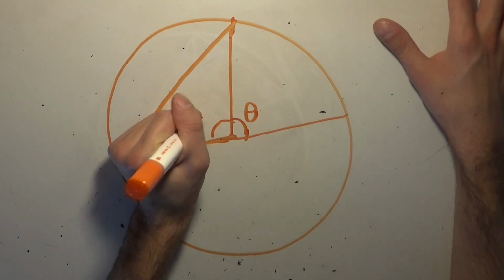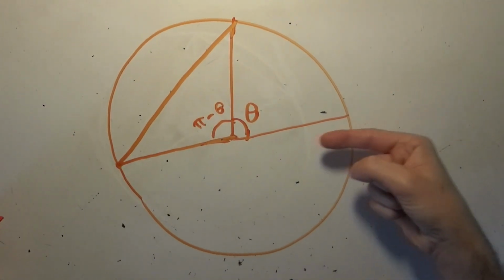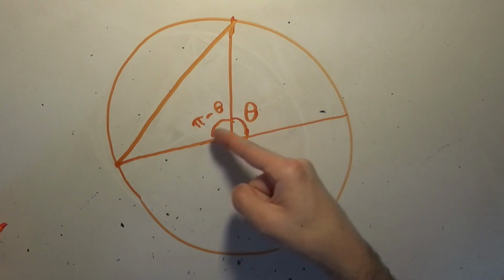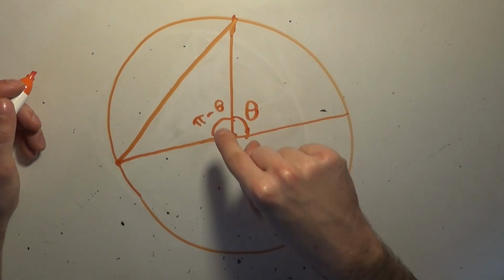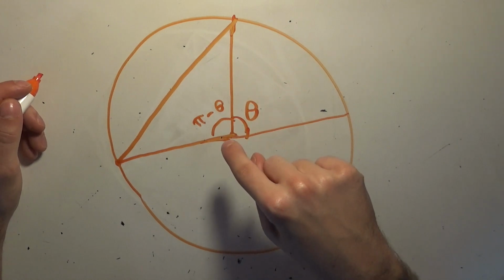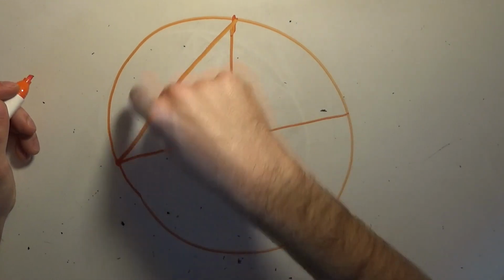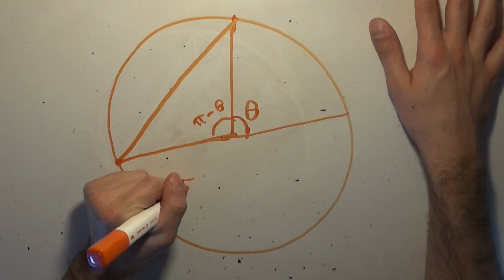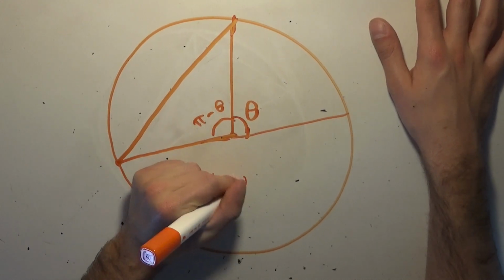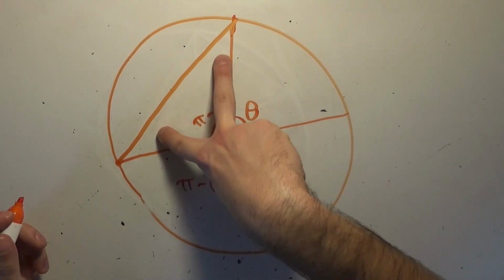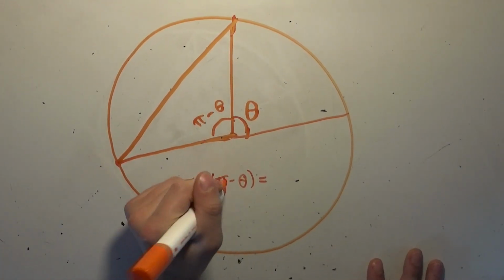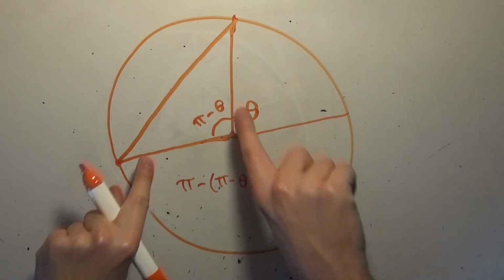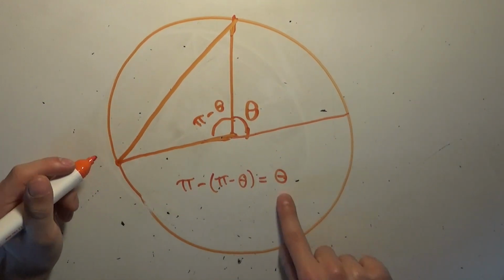So this must be pi minus theta because this is a straight line. That means that the last 2 angles in this triangle have to add up to pi minus (pi minus theta), which is positive theta.